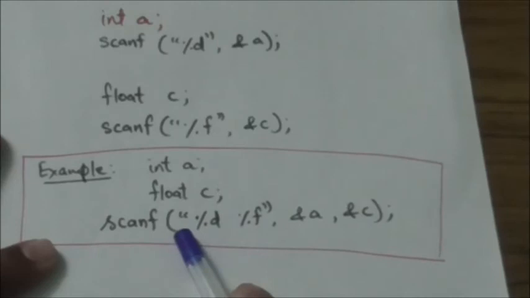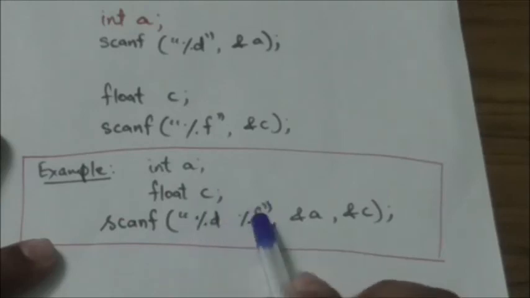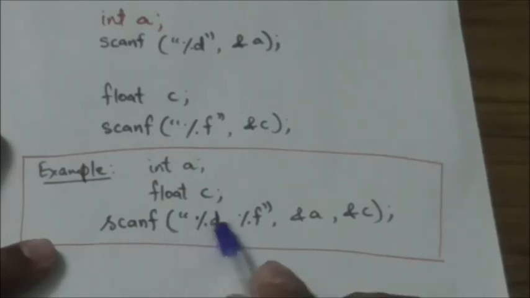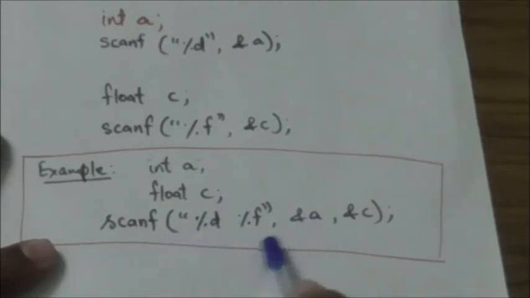And here you can see the control string. Now in the control string there are two character groups. So this character group %d, right? The first character group corresponds to the first argument and the second character group corresponds to the second argument.